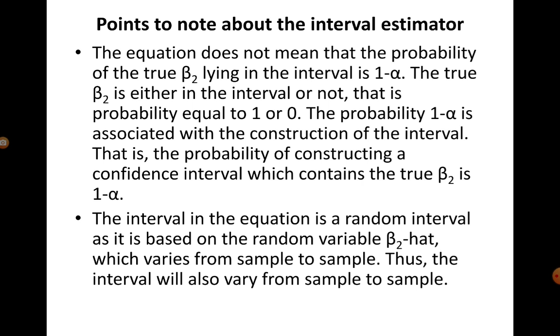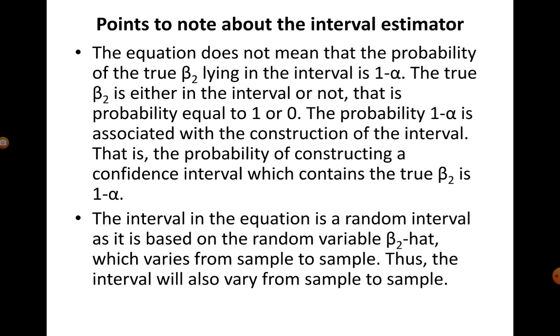So probability is not associated with the possibility of true beta 2 lying inside the interval or not. The probability is associated with construction of this interval beta 2 hat minus delta to beta 2 hat plus delta.